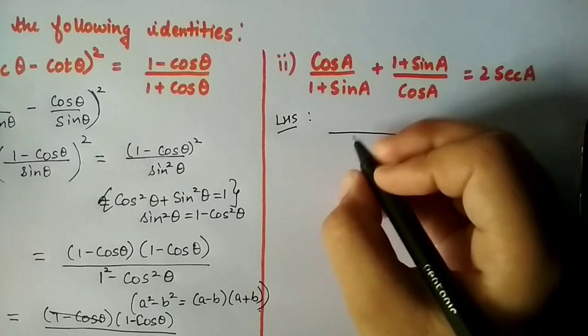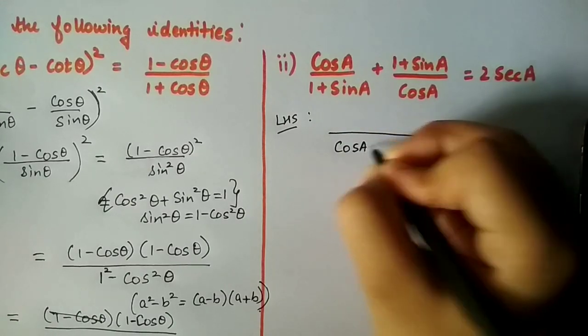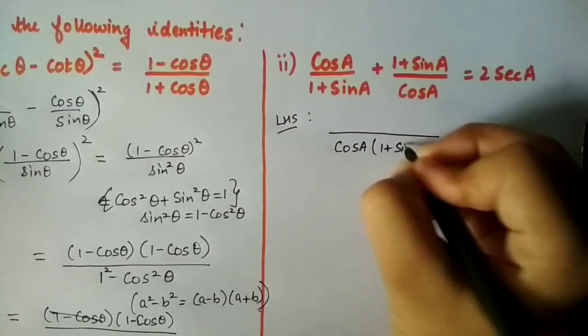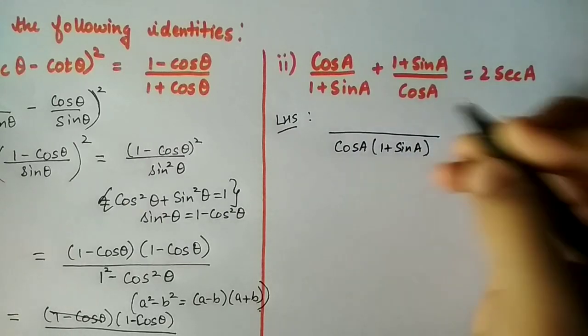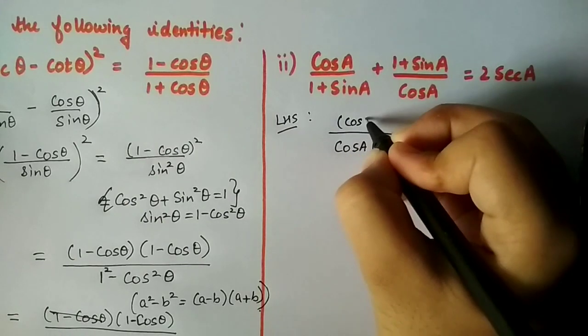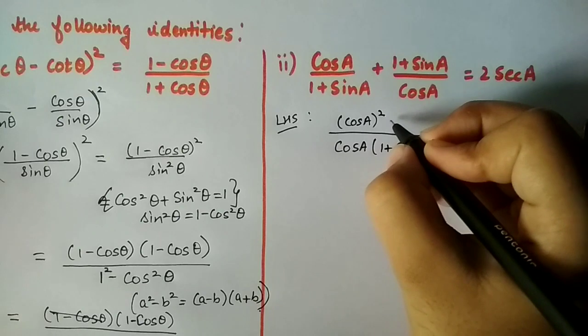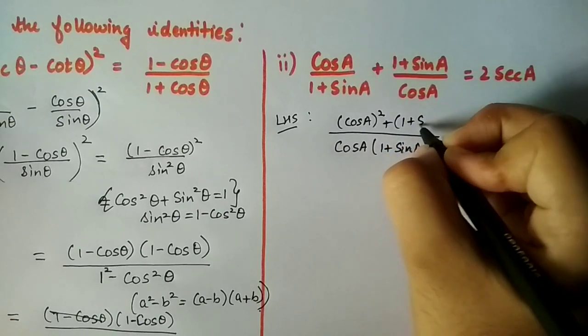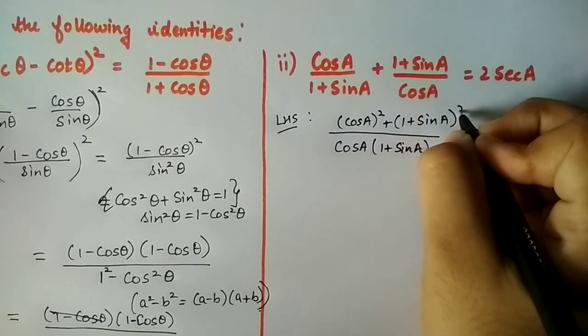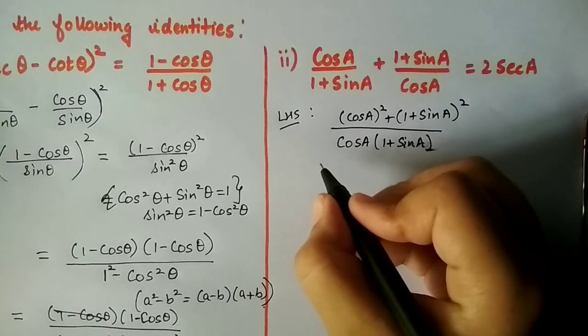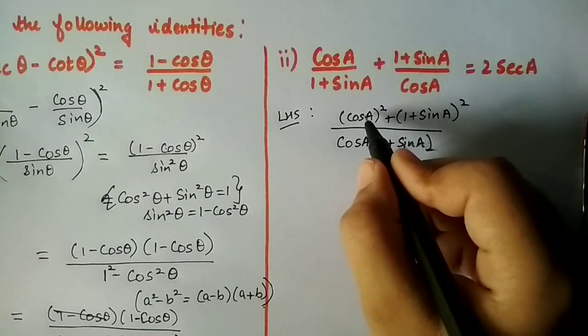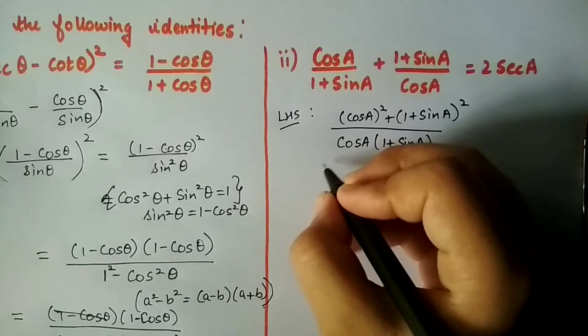If you take the LCM, you have cos A into 1 plus sine A in denominator, and you will get cos A whole square plus 1 plus sine A whole square in the numerator. Now from here open the brackets of square.